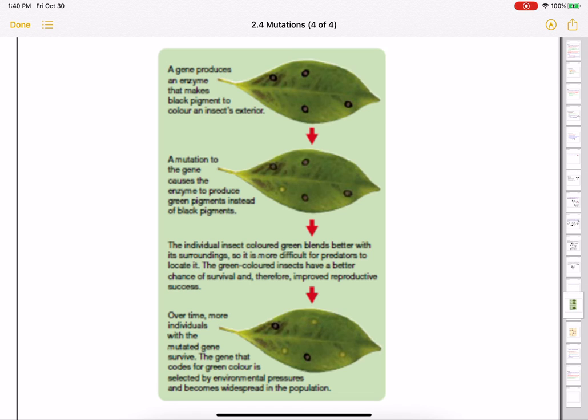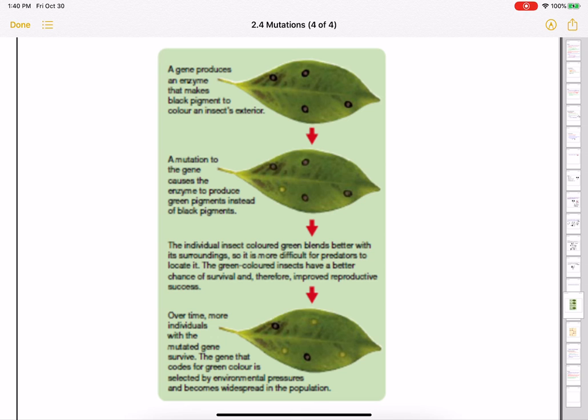A little picture of this says a gene produces an enzyme that makes black pigments to color an insect's exterior. So all those little black dots on the leaf are little black beetles, I guess you could say. And then it says a mutation to this gene causes the enzyme to produce green pigment instead of black.